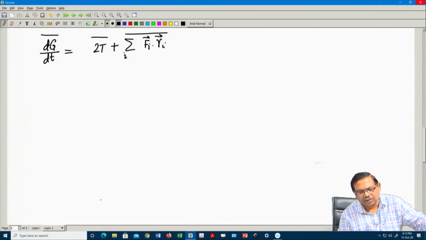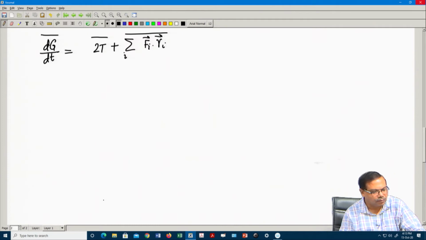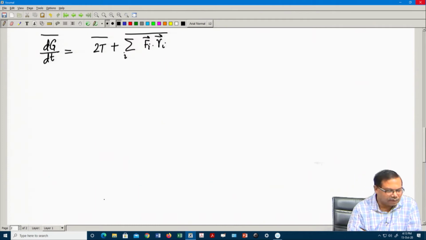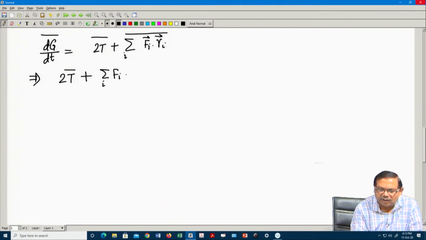So, now let us do the expansion of the time average, at least for one term, dG/dt. I write here the right hand side, and on the left hand side the bar denotes the time average, of 2T plus sum over i of F_i dot r_i.